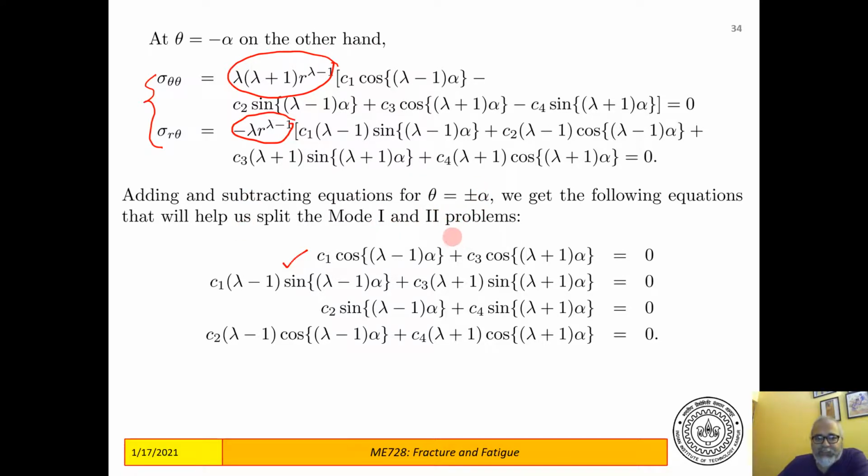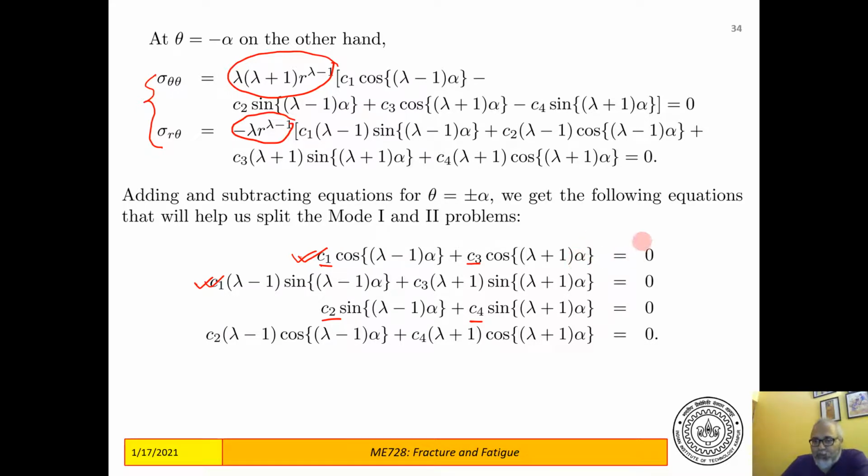So this equation and this equation, which are obtained by adding and subtracting these four equations that you have, these two equations have C1 and C3 in them, whereas these two equations have C2 and C4 in them. That is the advantage. Now instead of solving a 4 cross 4 simultaneous equation, I'm going to solve two 2 cross 2 simultaneous equations, which is just more tractable.